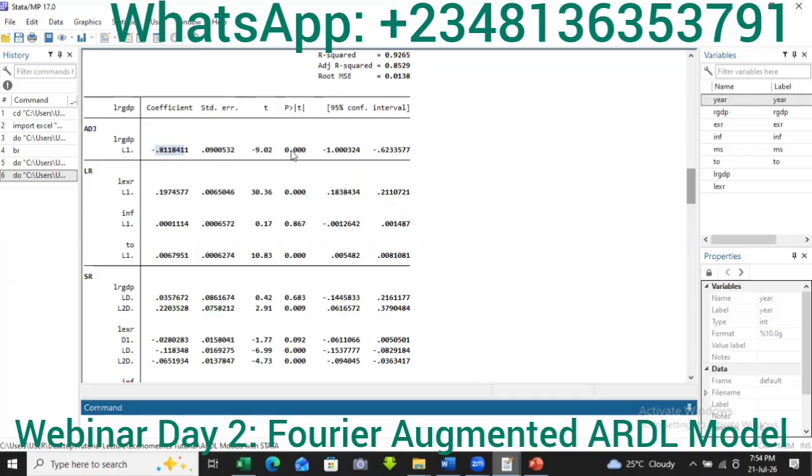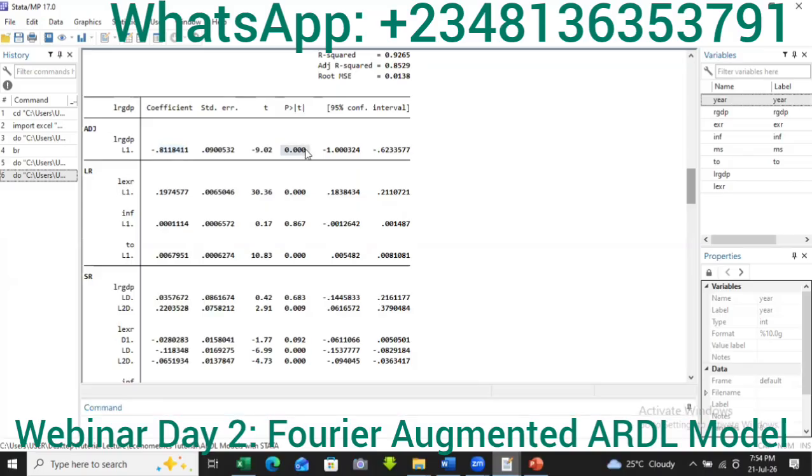Don't forget we expect this coefficient to be negative. Yes, it is negative, the absolute value should be less than 1, and the coefficient should be significant, and this meets all three criteria.